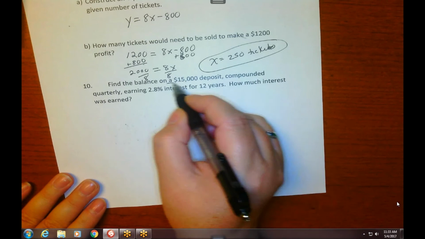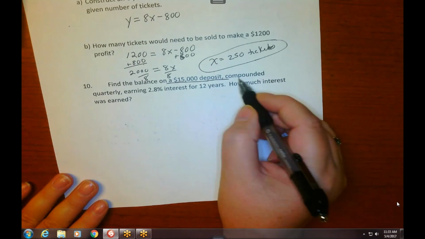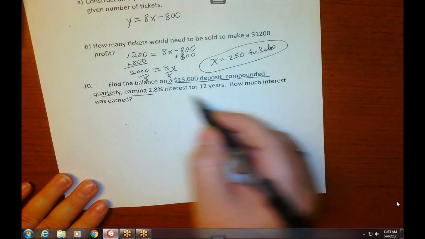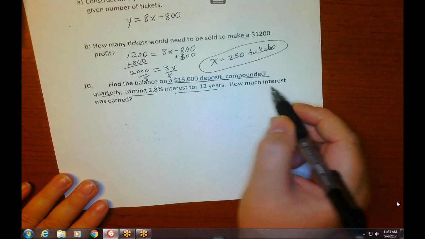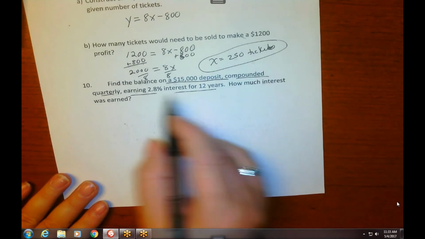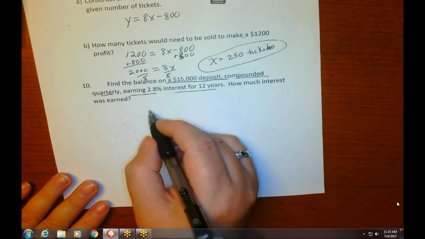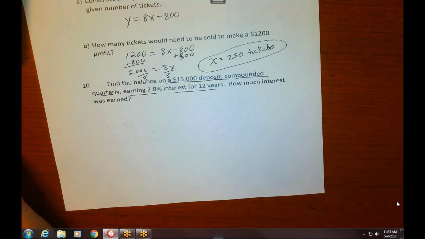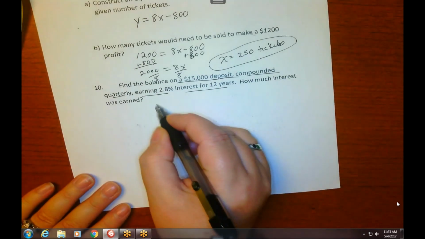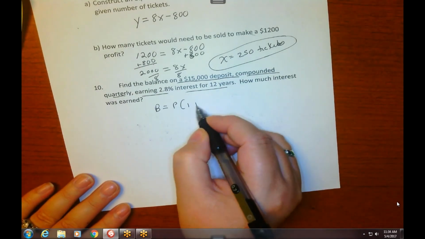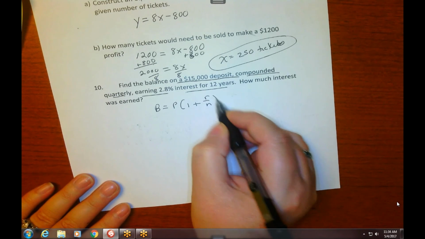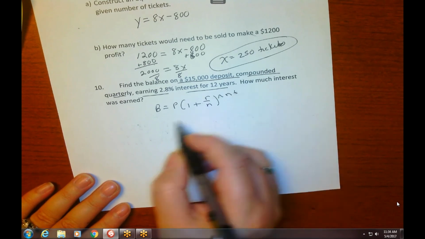Find the balance on a $1,500 deposit compounded quarterly earning 2.8% interest for 12 years. This should tell you the compounded quarterly. Use your compound interest formula. Balance equals principal times 1 plus the rate over n to the nt.